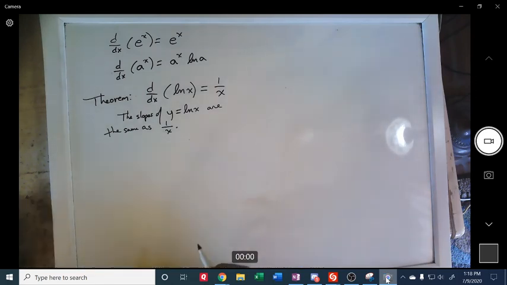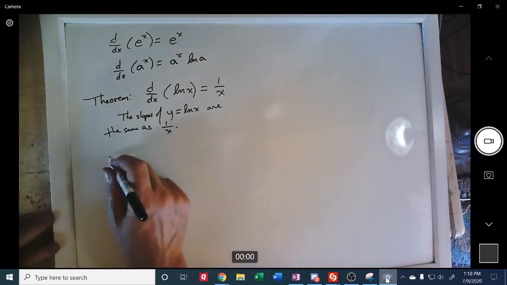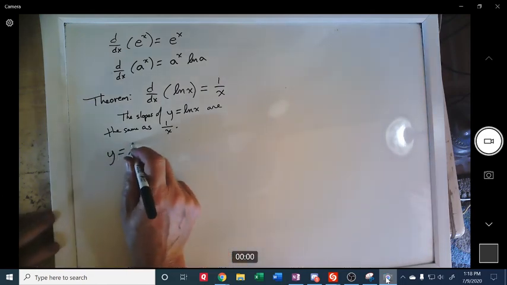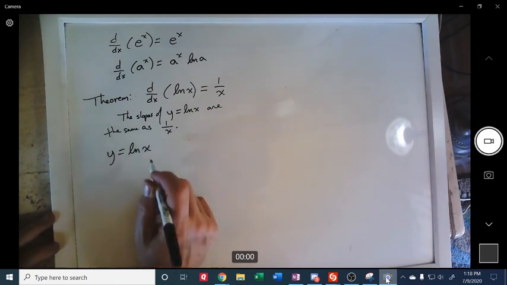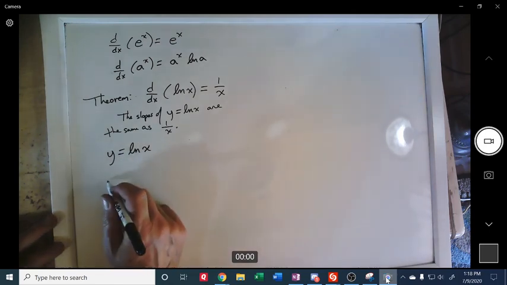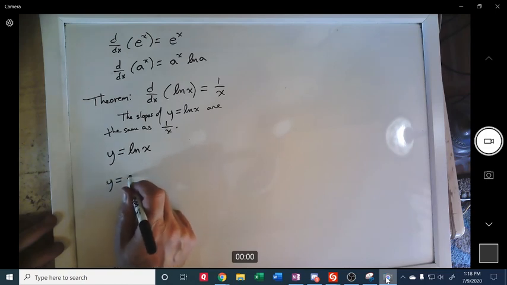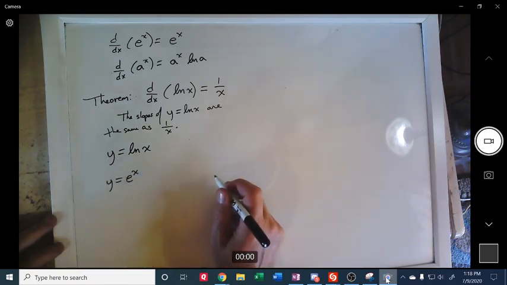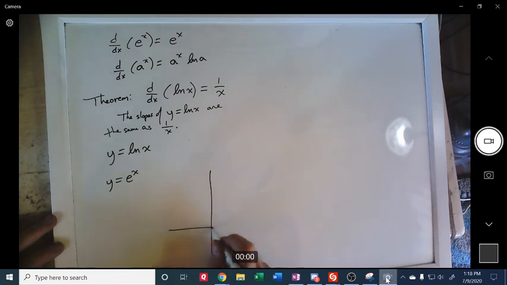And let me draw a picture. If I take y equals ln x and I was to graph that, well, before I graph it, let me graph y equals e to the x. We talked about this yesterday.